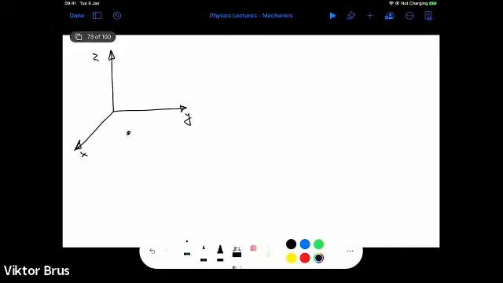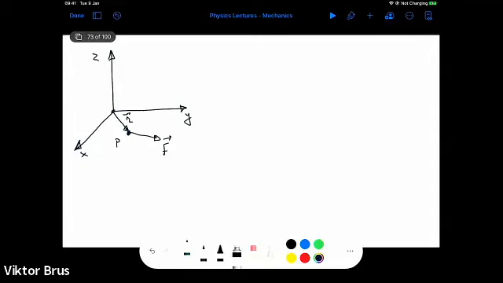We have some particle, and some force is exerted on this particle in the plane x and y. The position of this particle in this plane x and y is defined by the position vector r.